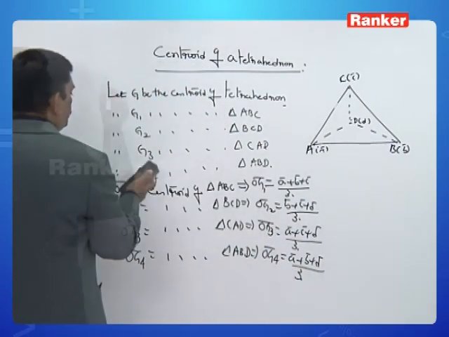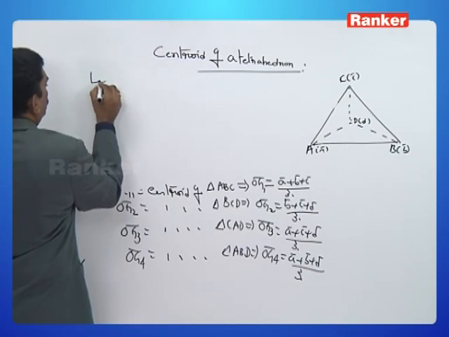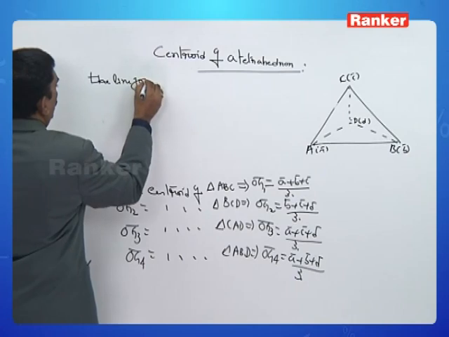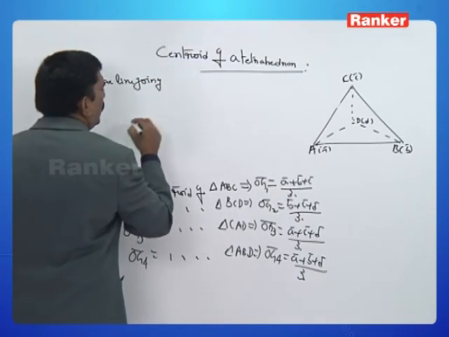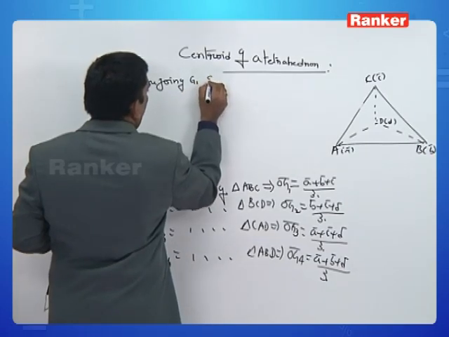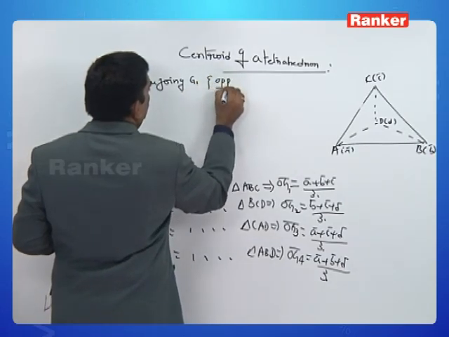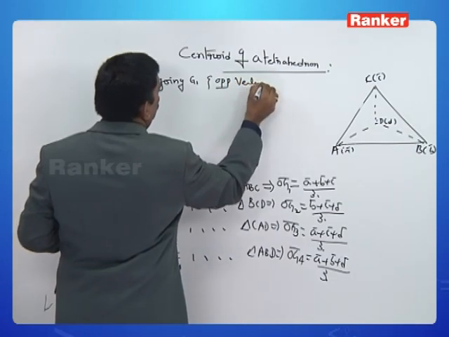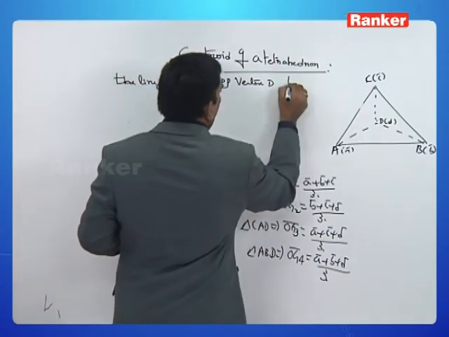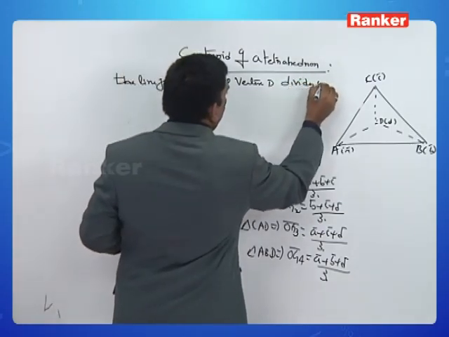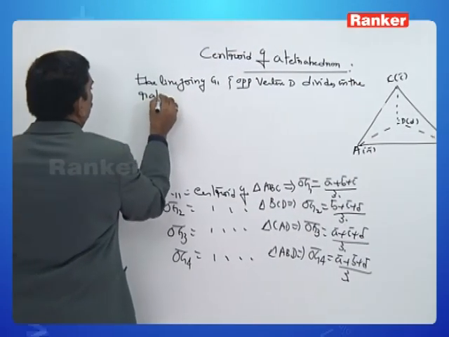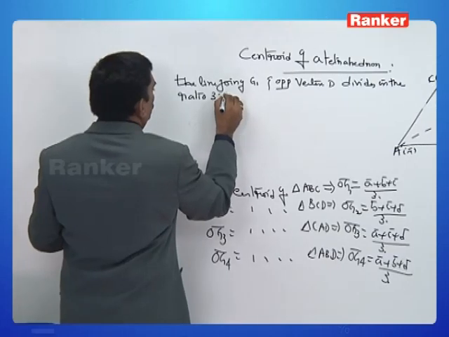What it says: the line joining G1 and the opposite vertex D divides in the ratio 3:1.